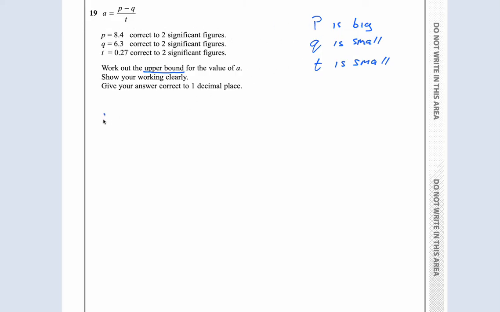So let's look at P. I like to draw number lines, guys, for these. And I like to put 8.4 bang in the middle. It's been rounded to two significant figures. So the next number up would be 8.5, and the next one down is 8.3.